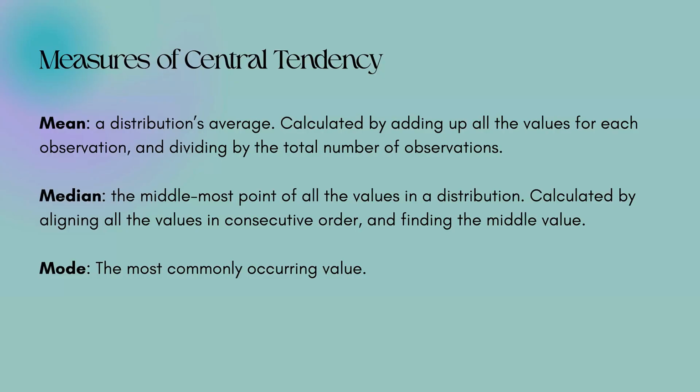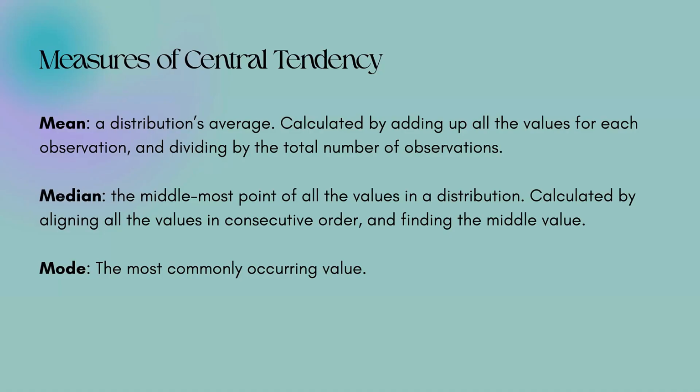So you order them consecutively, and you find the middlemost value. So maybe you've heard of things like mean age or average age, but for things that are a little bit more extreme, you might use the median, right? So you might have heard of median household income or median property value, right?